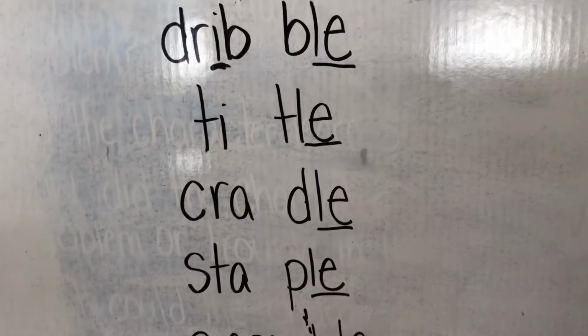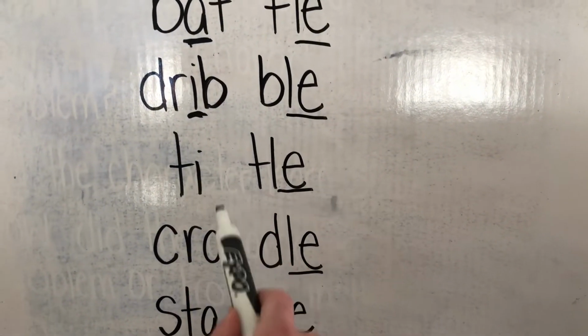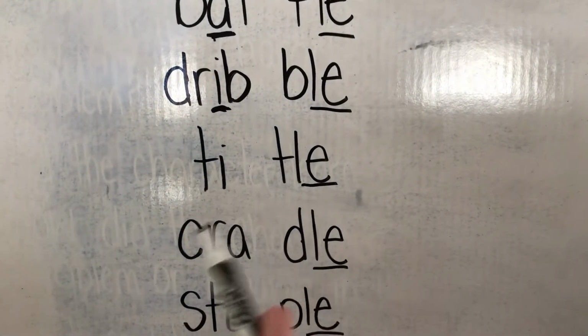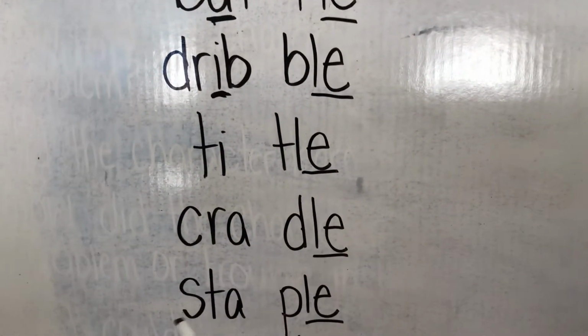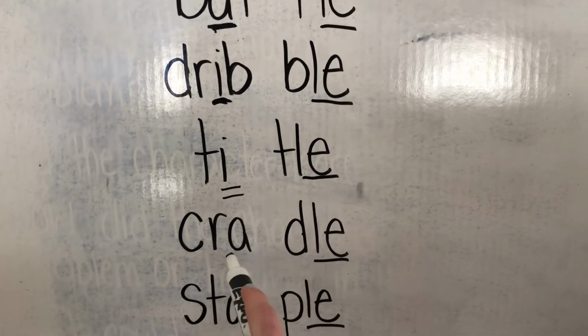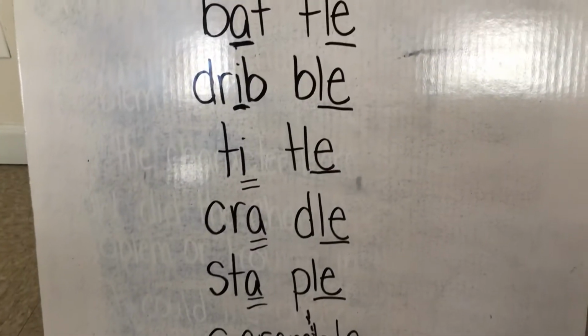I notice that these three words, the first part ends in a vowel, I, A. Title, cradle, staple. And I notice that these vowels make a long vowel sound.